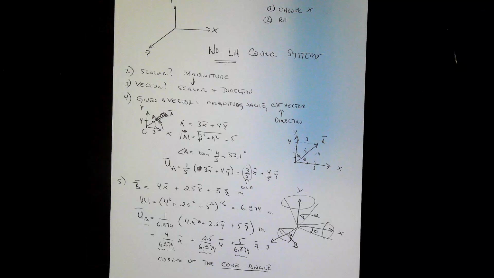So this is next to impossible for me to draw, but let me hopefully give you an idea what I'm saying. So we had our vector B, get the magnitude, divide by that, we have our unit vector, and these are all cosines associated with different cones. So if this is x, this is y, that's z, we could have a cone coming off the x like so, and another cone coming off the y, and another cone coming off the z.